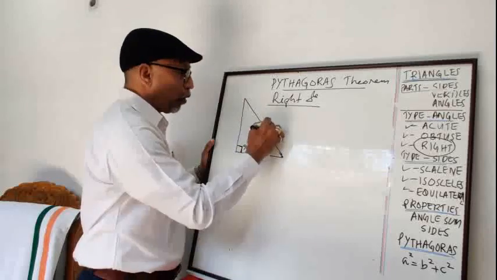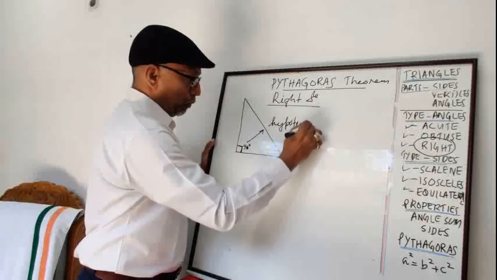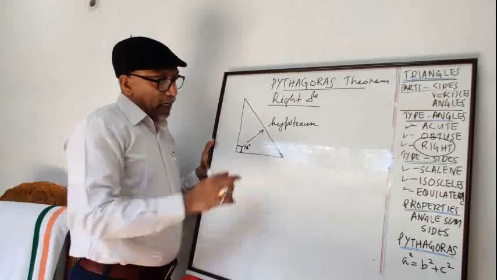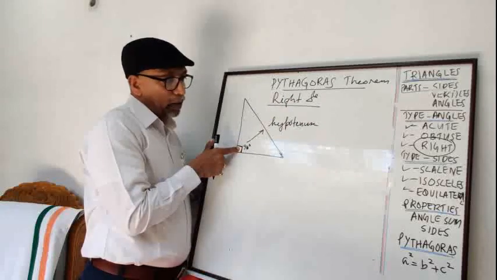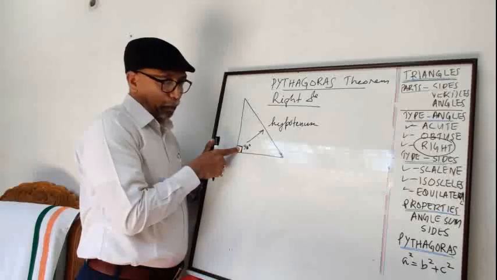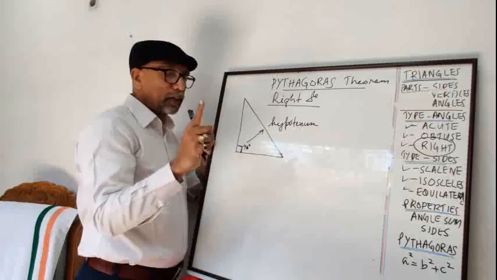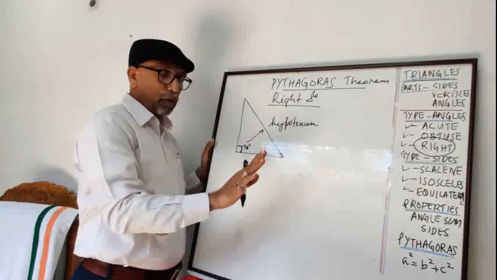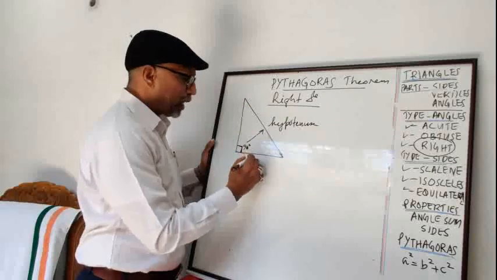That is called the hypotenuse. The hypotenuse is the side opposite to the right angle, and that is going to be the longest side. This is very important. Whenever you see the hypotenuse, it is going to be the longest side. This one is called a side, just a side.